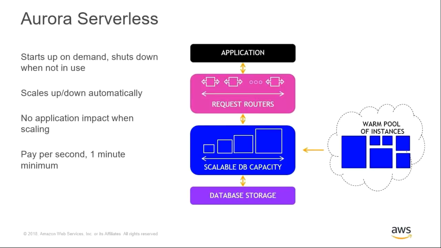So usually scaling from one instance size to the next is very quick. It's less than a second. And scaling from complete zero, like if your database didn't have any transactions and we shut it down completely, you can scale using that warm pool of instances. You can restart that in something around 30 seconds.